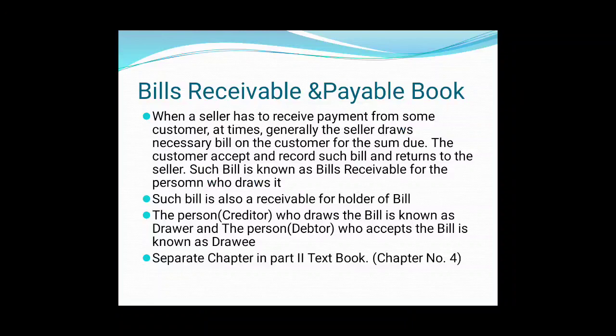For that reason, they agree to sign a bill of exchange, where the person who has to receive the money draws a bill, means he writes a bill on the other person, saying pay me that amount, whatever it is, 5,000, 10,000, or any amount there could be.